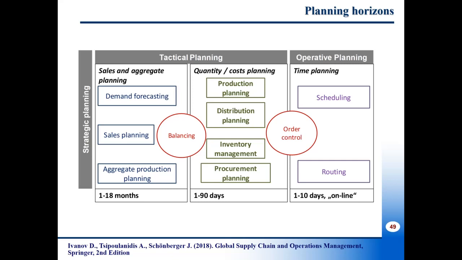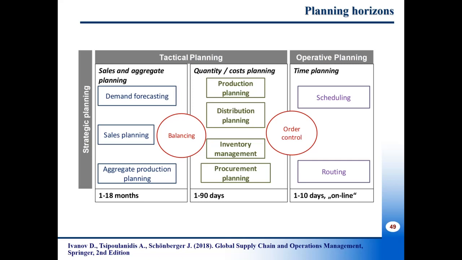Quantity and cost planning have a shorter planning horizon, considering that a company can revise the plan earlier after reviewing actual realization of sales and aggregate planning. Operative decisions are taken in a weekly or daily manner for executing processes.